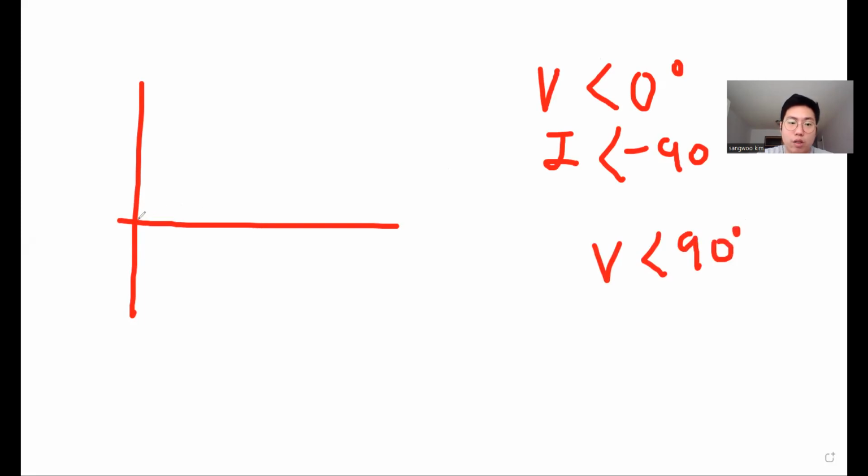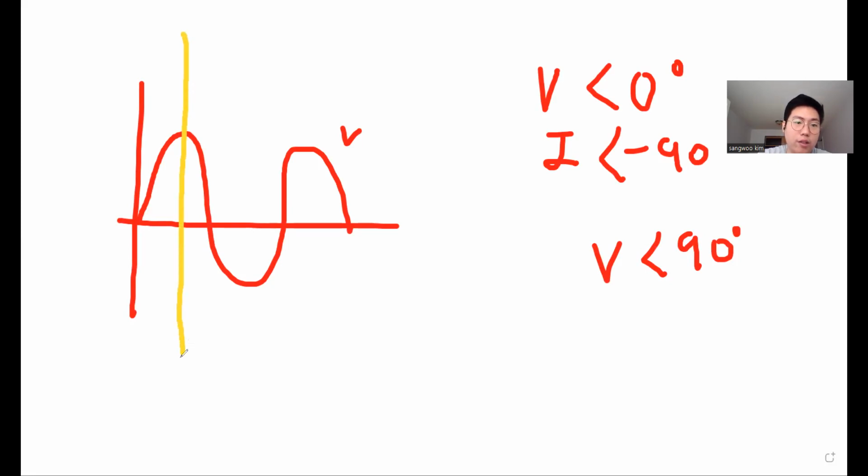Look at that. For example, this is V. So this is switch on, right? Switch on, this yellow line switching. And as you know, I happens 90 degrees later, right? So look at that. If we switch on here, I happens from the 90 degrees later part, right?